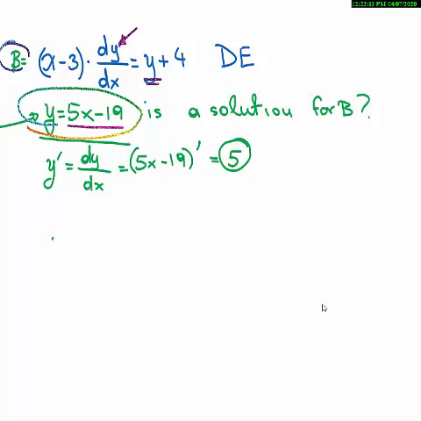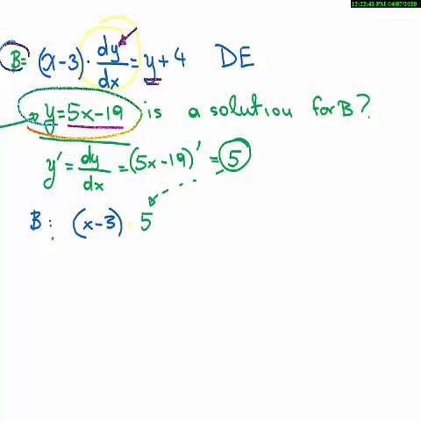Okay, let's do it. So what I'm going to do is take the B and now replace the y's. Well, x minus 3 stays the same, but as you can see right here, instead of having dy over dx, I'm going to multiply this by what it equals. And what does it equal? Well, 5. So I replace dy over dx with its derivative, that is 5.